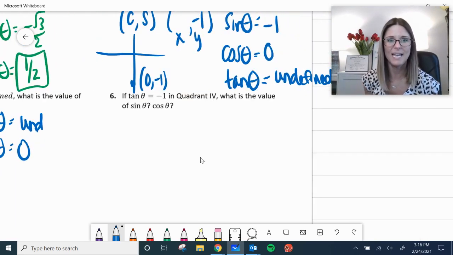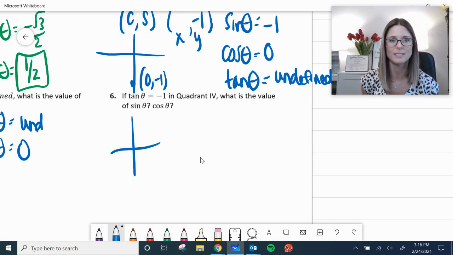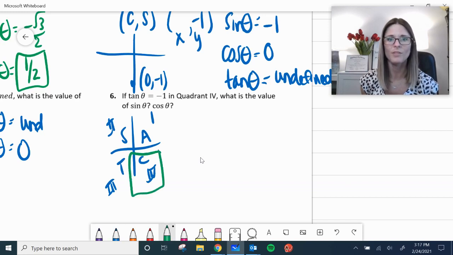Last one, number 6, if tangent is -1 in quadrant 4, what is the value of sine and cosine? So just see, ASTC, first quadrant, second quadrant, third quadrant, fourth quadrant. We're in the 4th quadrant. What is the value of sine and cosine?